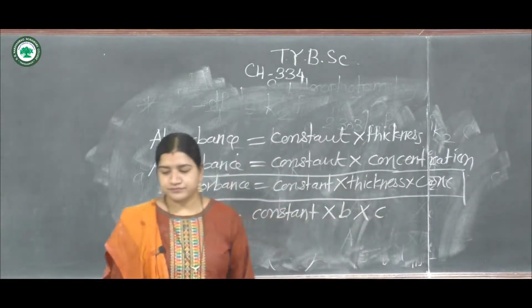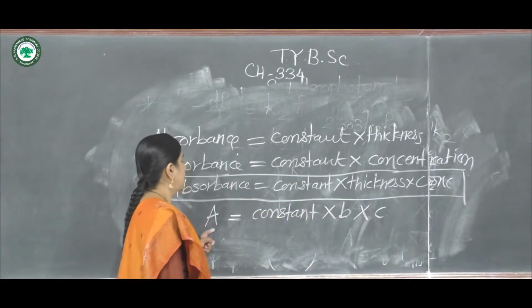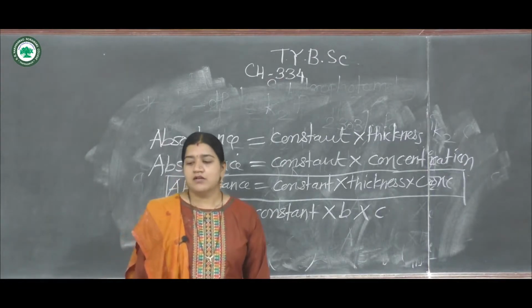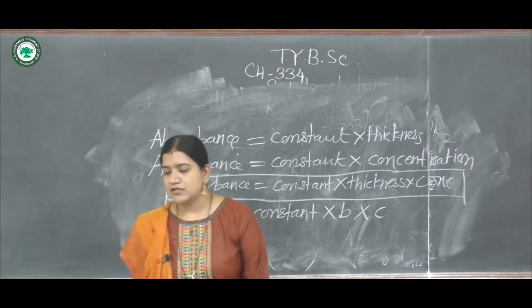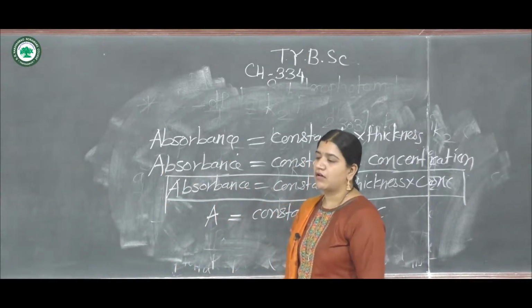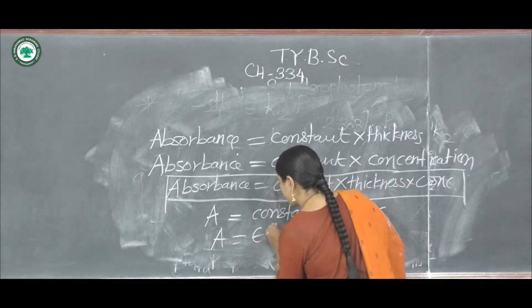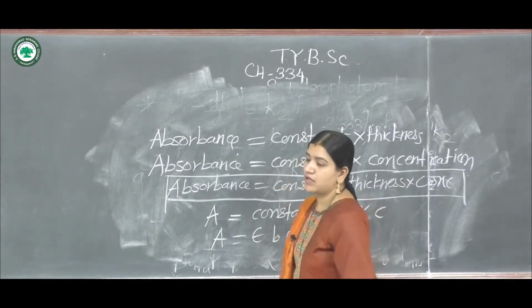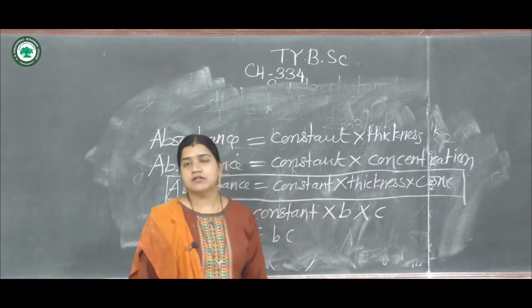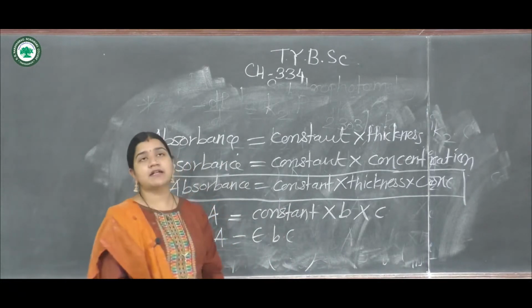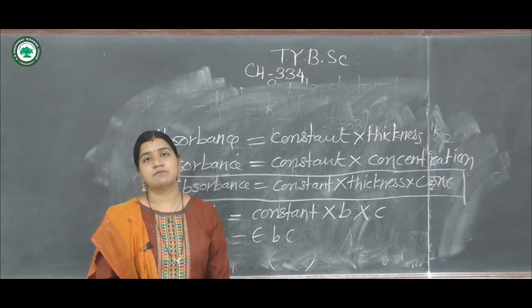So A is equal to constant into B into C, which is also written as A is equal to epsilon into B into C. So this is the mathematical statement for the Lambert-Beer's law.